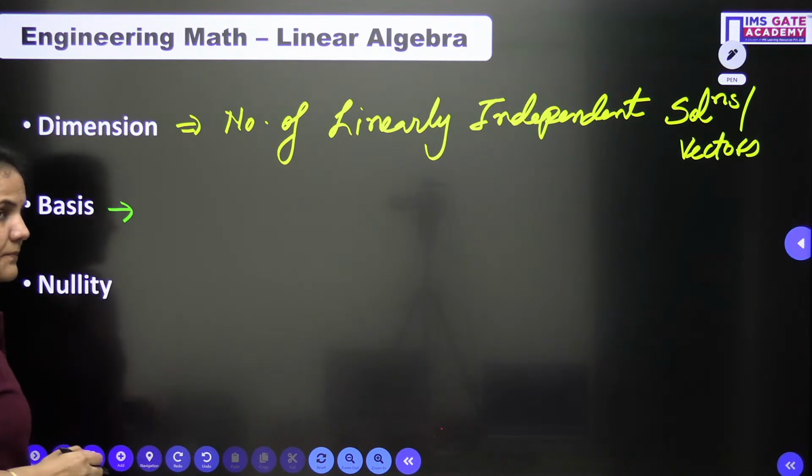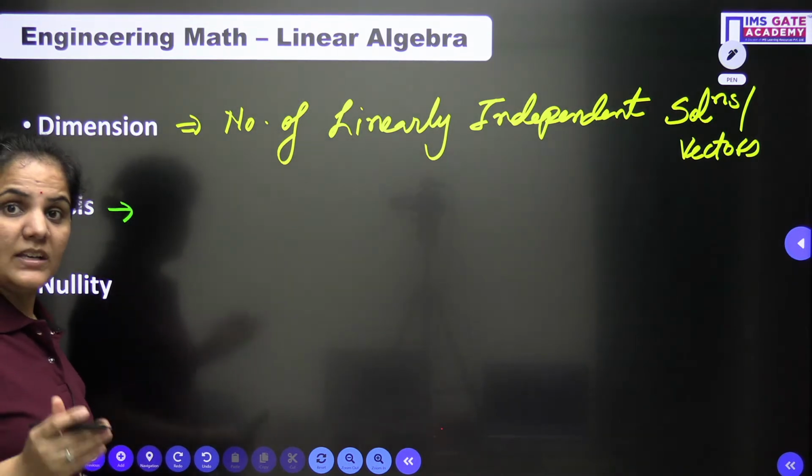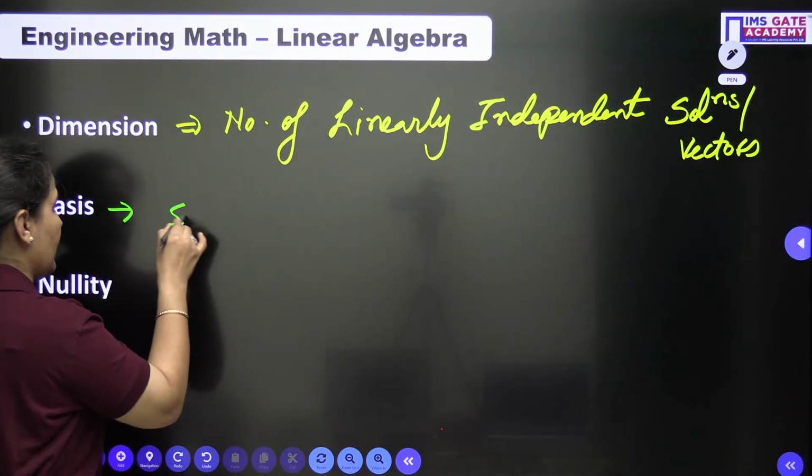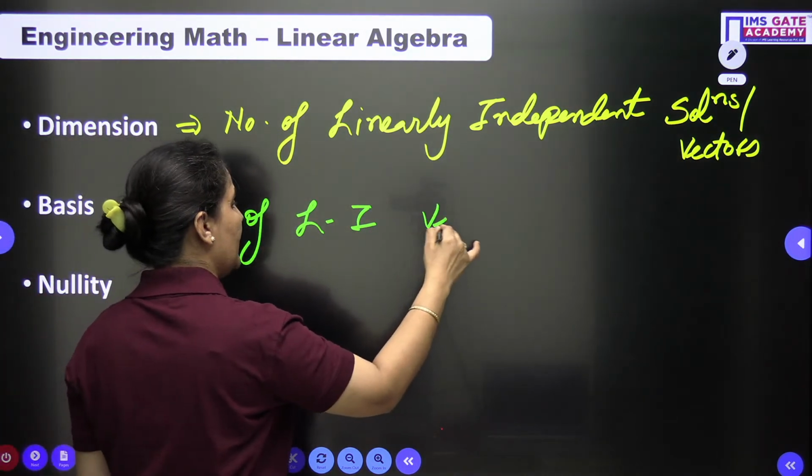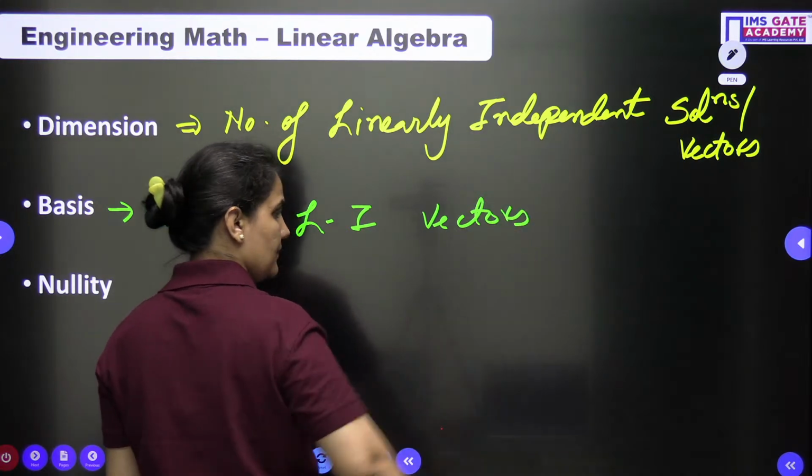Basis is a set of linearly independent vectors. A set of these linearly independent vectors is called the basis.